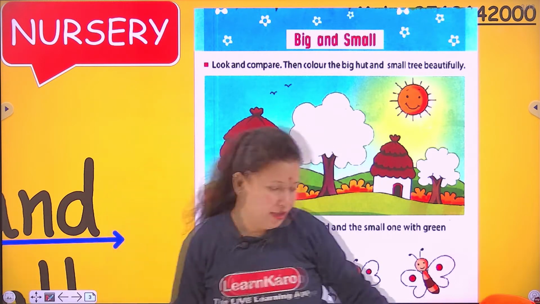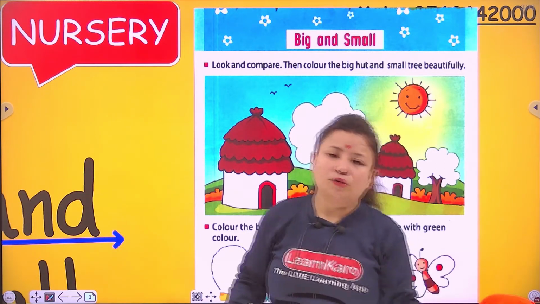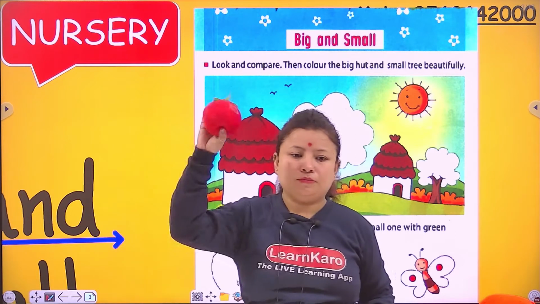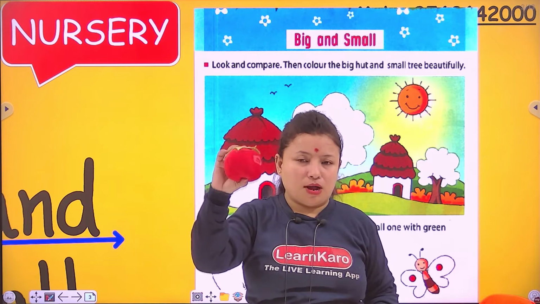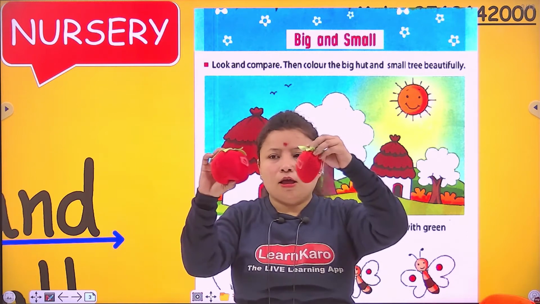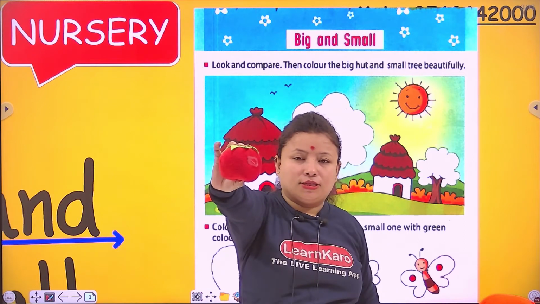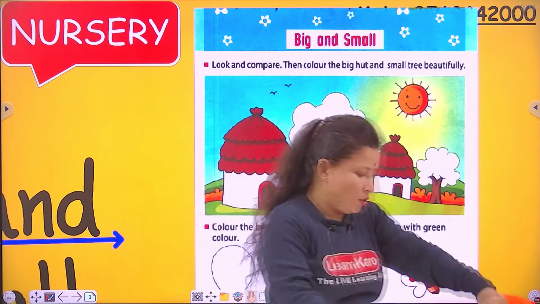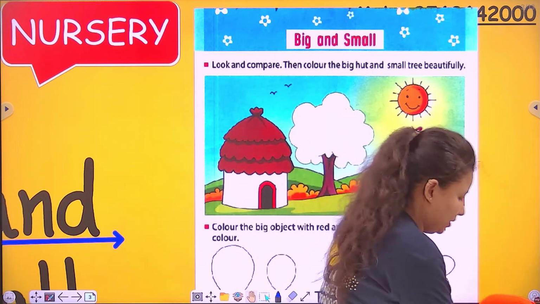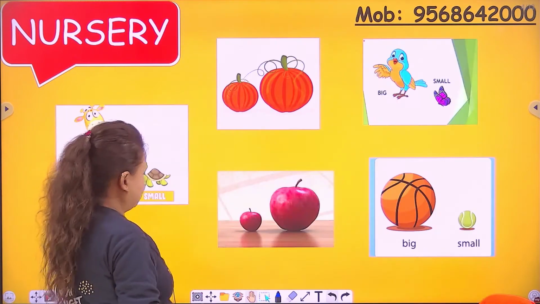Next I have one fruit and one vegetable. This is tomato. Tomato is big and the strawberry is small. This is big and this is small. Okay, now let's see some examples related to big and small on the screen.